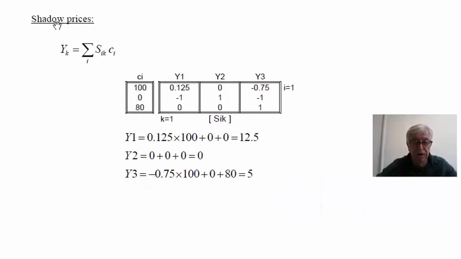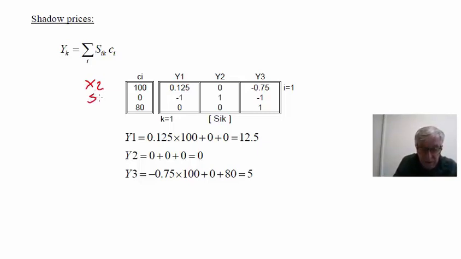Let's look now at the value of the shadow prices. The shadow price can be evaluated using this expression, which involves the matrix S and the vector Ci, which includes the initial coefficients of the optimal basic variables. That is, the first is the coefficient of x2, which is in the final base.